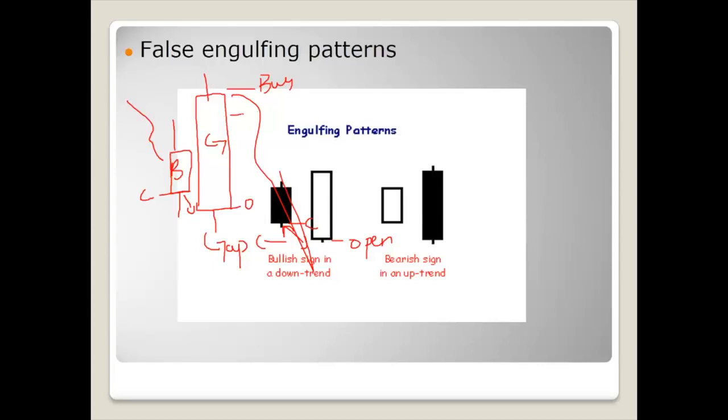Now what does this represent? Why does this happen? After a gap down, the market goes up, and then the market starts to fall. Now the market goes up, and afterwards it comes down. And why does that happen?